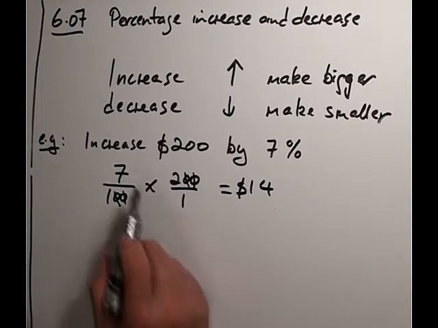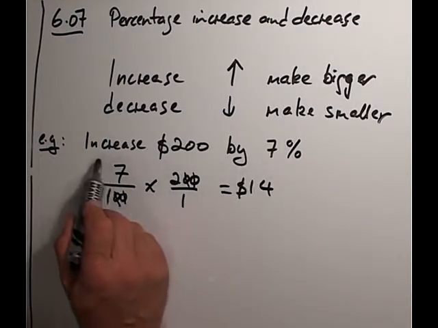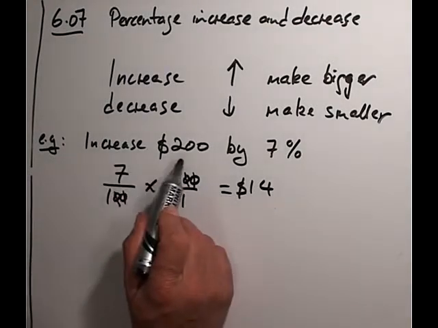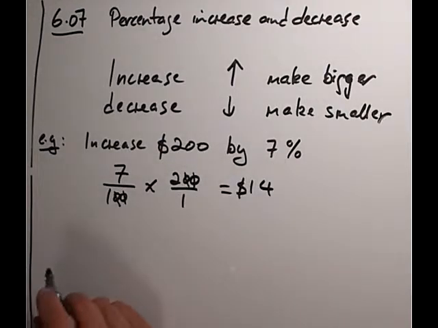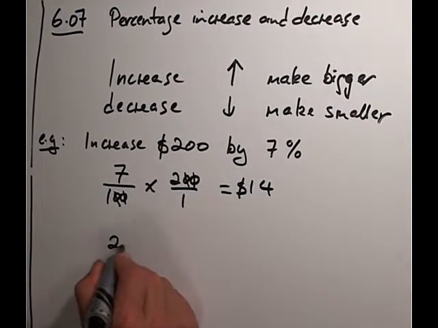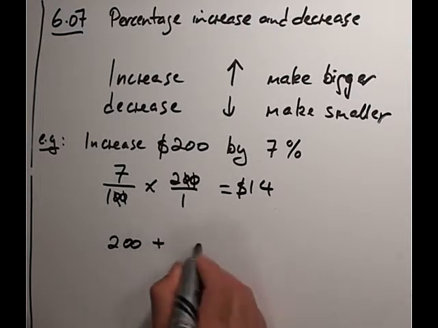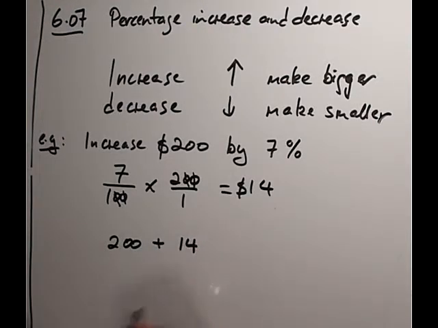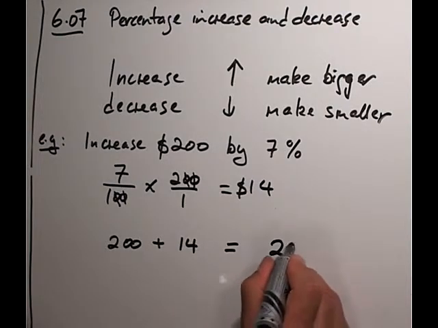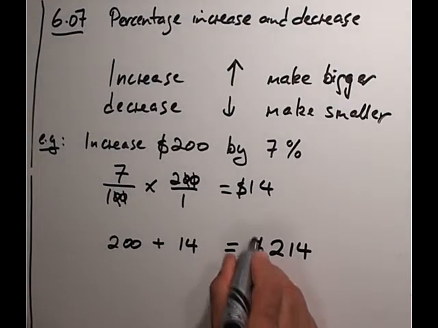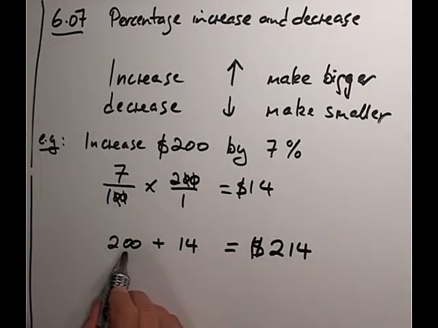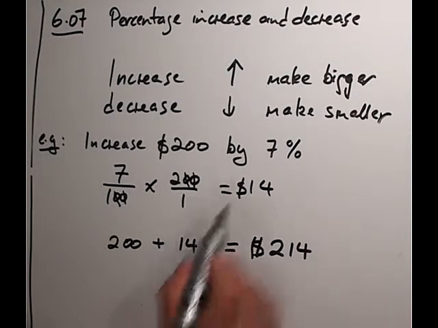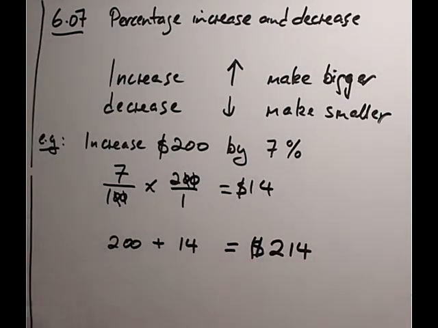So now I know what 7% is, but the question is asking me to increase $200 by 7%. So I must take the $200 and add to it my $14, and that will give me my final answer, which will be $214. Now I've increased 200 by 7%, which is $14.